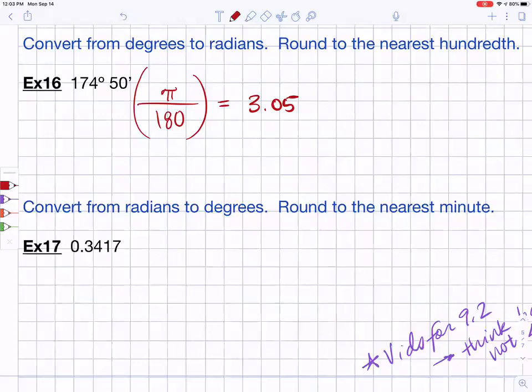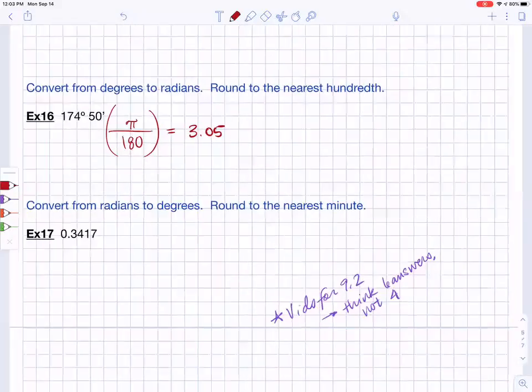Now, 40 is more than halfway because there's a total of 60 seconds. So if it's past the halfway point, what does that do to the number of minutes? Yeah, you gotta round up. So that's gotta be 35 minutes, not 34 minutes. Does that make sense? Okay.